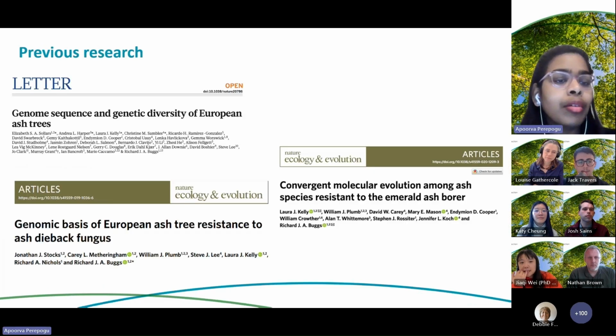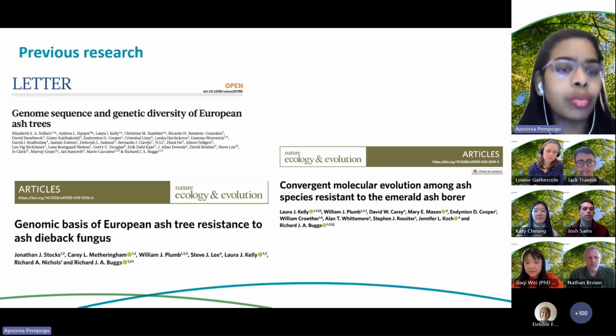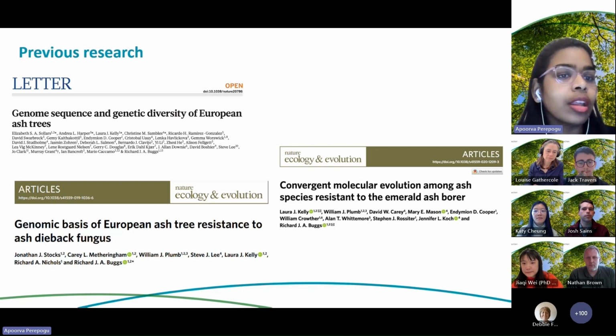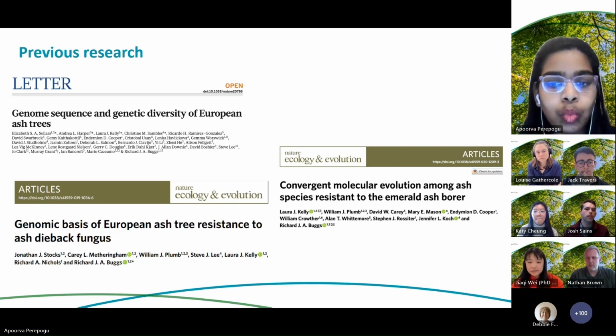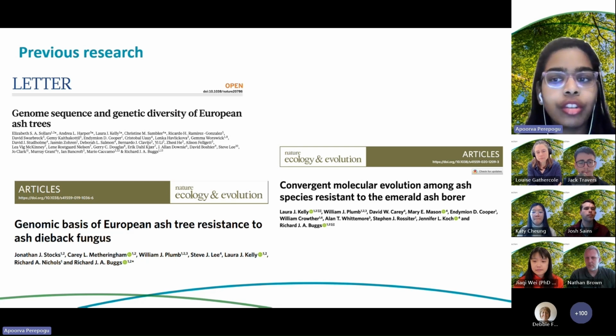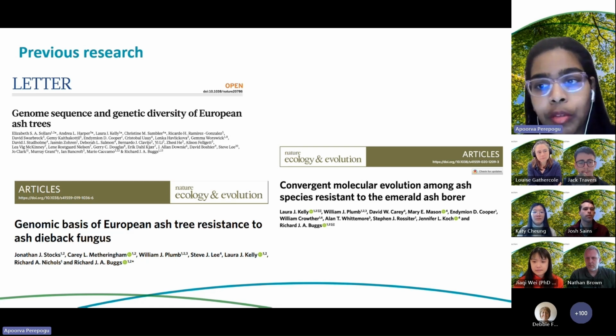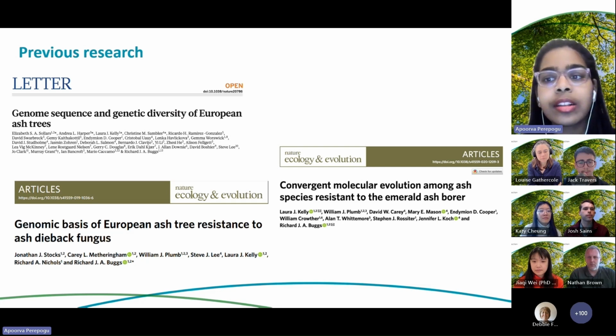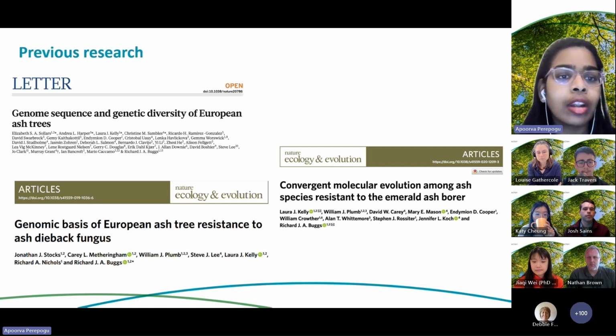Our research team at Kew uses genomics to study ash trees and ash dieback. The first paper, published in Nature in 2016, provided the first reference genome, giving us foundational genomic resources for further research aimed at improving our understanding of susceptibility to major threats to ash and providing tools to help tackle these.